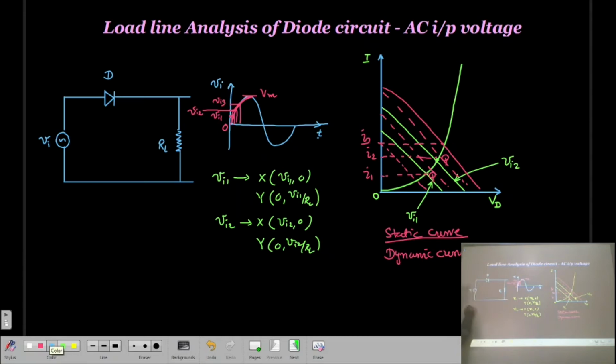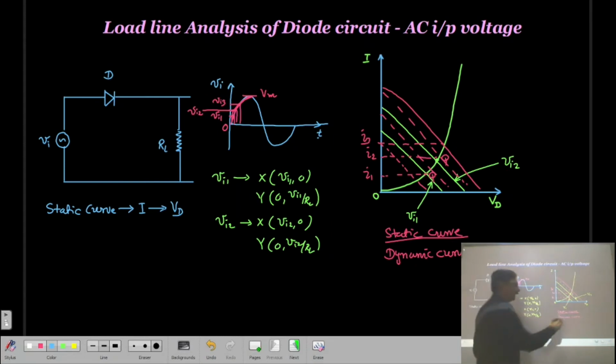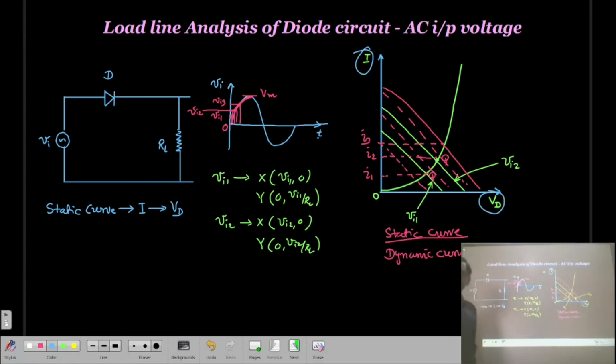Here remember the static curve. What is a static curve? A static curve is the current I against the voltage across the diode. Here on the x-axis we have Vd and on the y-axis I. That gives the relation between the current and the voltage across the diode. And what is the dynamic curve?